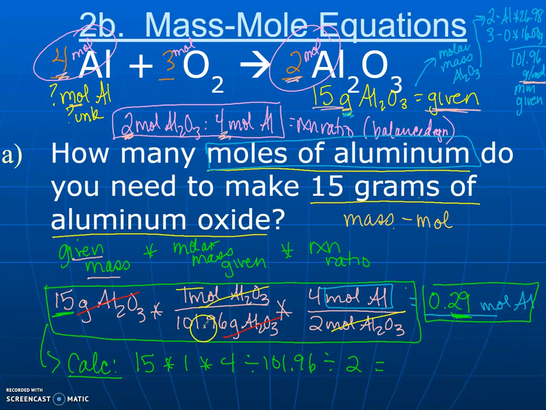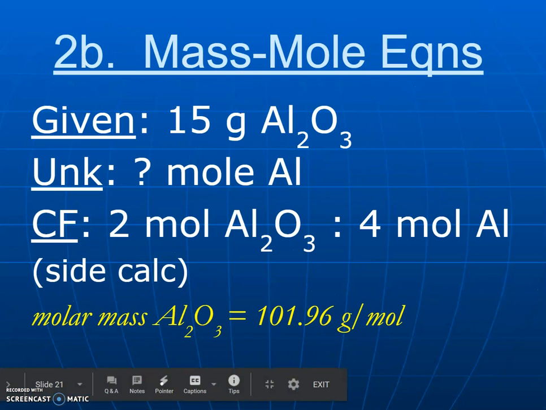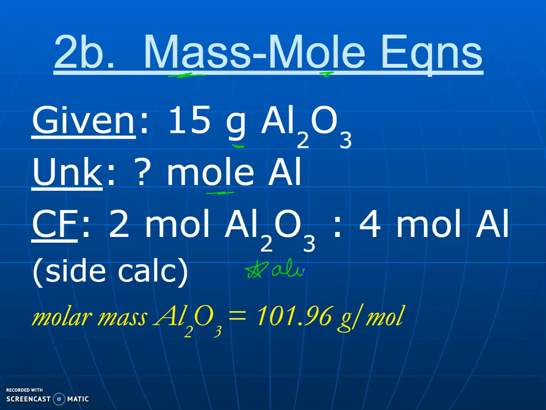This has 2 sig figs, this has 2 sig figs. Don't worry about the sig figs in any of your conversion factors. Technically, this is 4.00000 repeating and 2 and 1 repeating, with an infinite number of sig figs. So to review, in a mass mole equation, you start with grams and you end with moles, hence mass mole. But you always, always, always, in stoichiometry, use the reaction ratio.